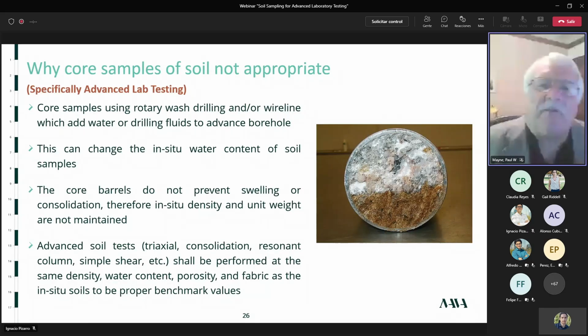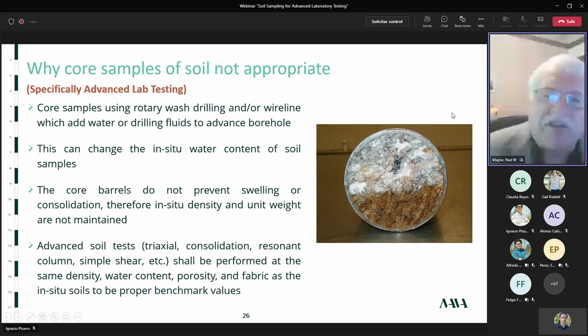So why are core samples of soil not appropriate, specifically for advanced lab testing? Well, core samples using rotary wash drilling and wireline involve adding water or drilling fluids to advance the borehole.